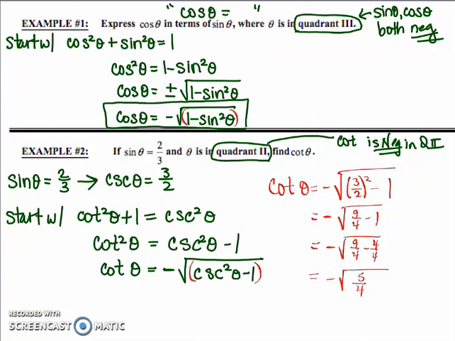And I can simplify that a little bit because I can do the square root of 5 over the square root of 4. So that's going to give me negative square root of 5 over 2 because the square root of 4 is 2. So there's my answer. Given that sine theta is 2/3 and theta is in quadrant 2, the cotangent of theta would be negative square root of 5 over 2.